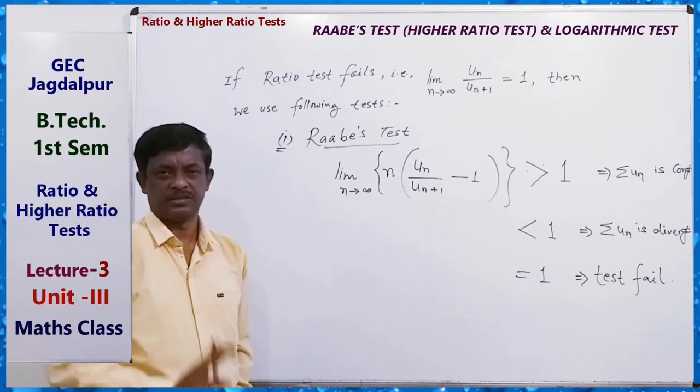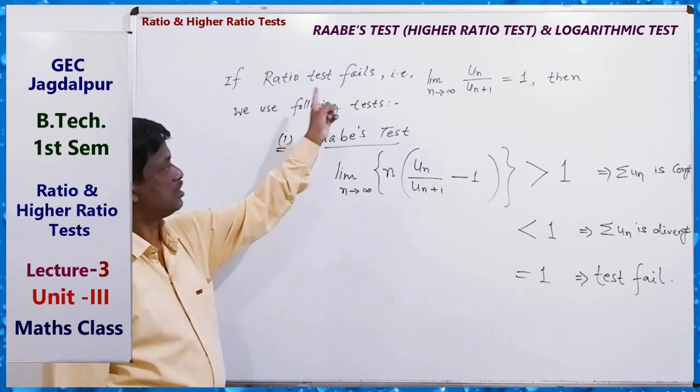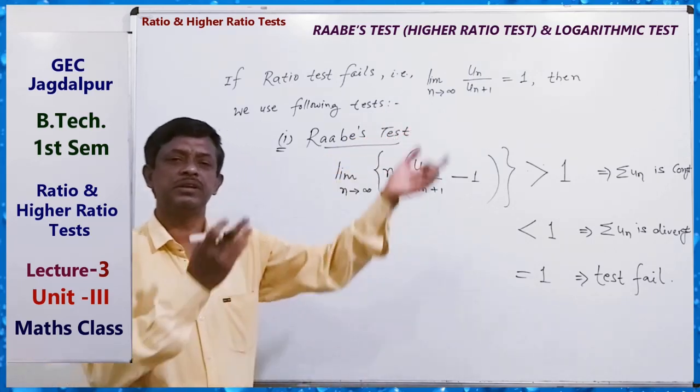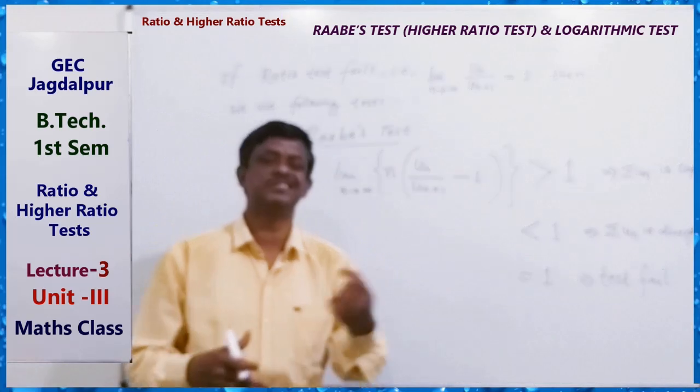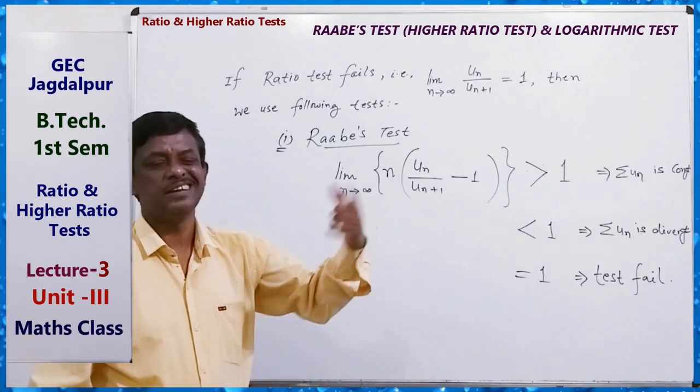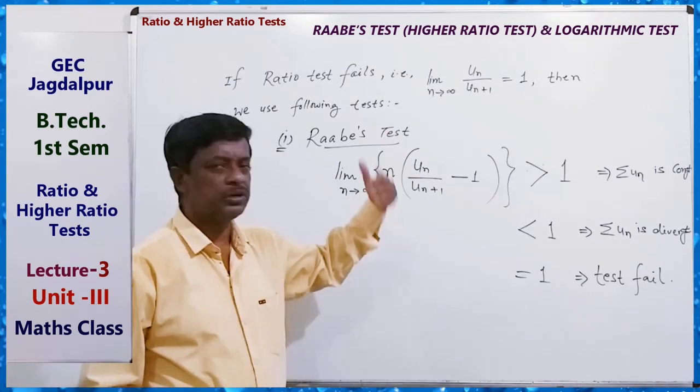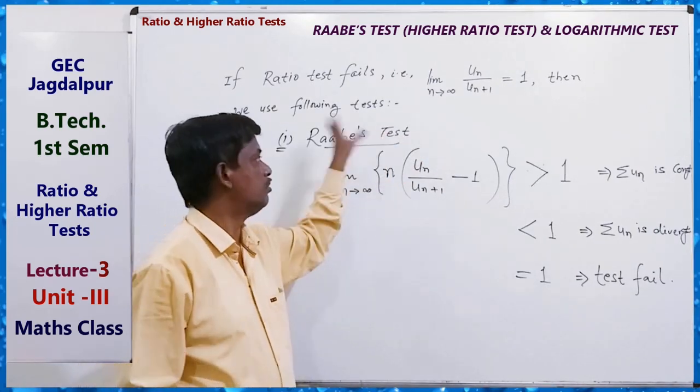Okay, further tests. So here, if the ratio test fails, then we can use any of the previous methods: basic test, P series test, geometric series test, integral test, any of the tests, whichever is very suitable for the value of un.